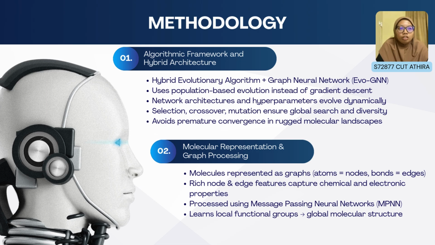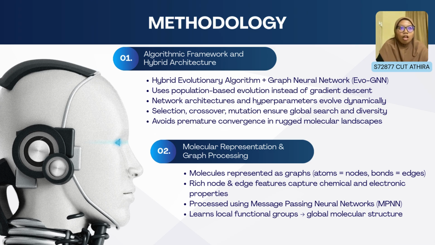For the second methodology, which is molecular representation and graph processing. To represent molecular structures accurately, molecules are modeled as graphs, where atoms are treated as nodes and chemical bonds as edges. Each atom and bond is encoded with relevant physicochemical features.